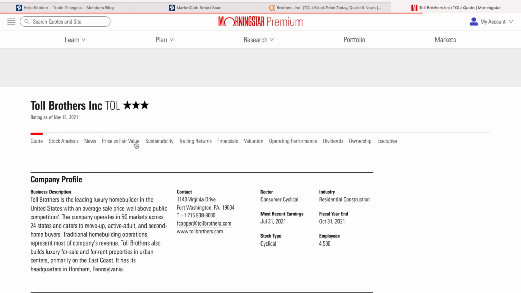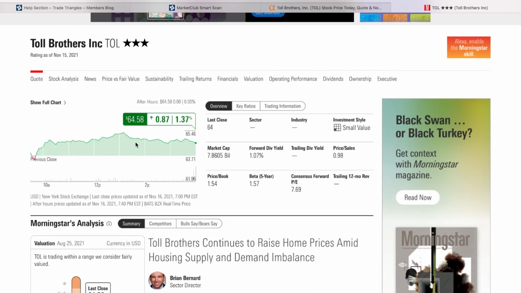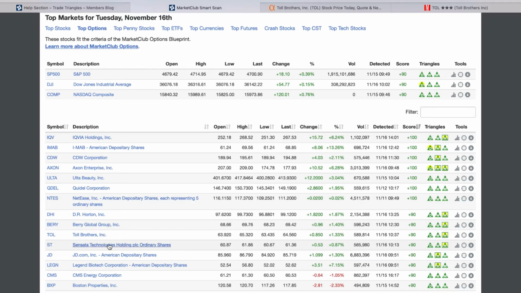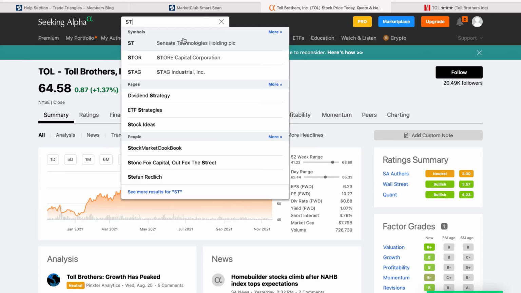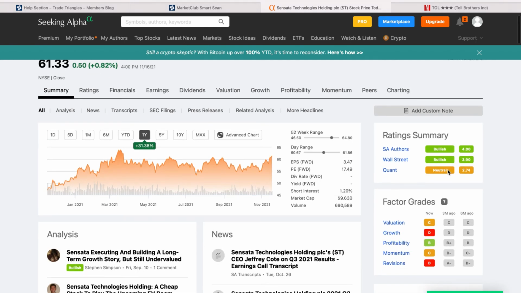Three stars. TOL. Trading in the range we consider fairly valued. Okay, maybe. ST. Bullish, bullish, neutral, pass.